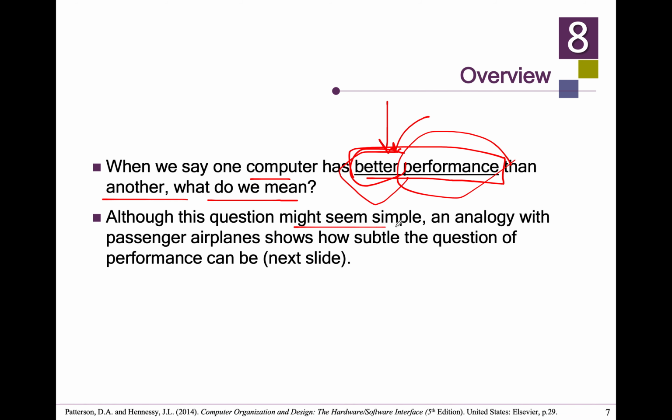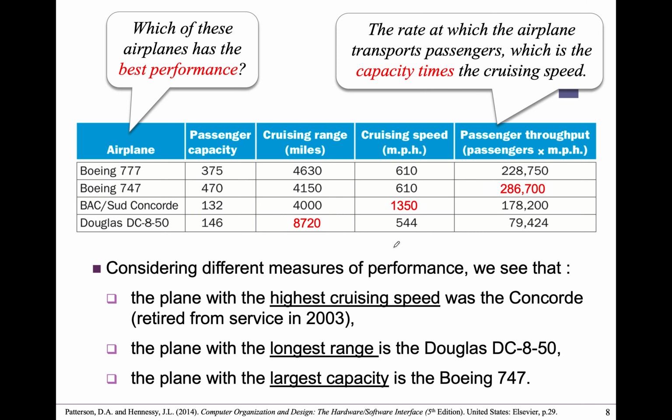Although this question might seem simple, what do we mean by better performance? An analogy with passenger airlines shows how subtle the questions of performance can be, which is in our next slide. Here we have several airplanes, a different kind of airplane: Boeing 777, Boeing 747.